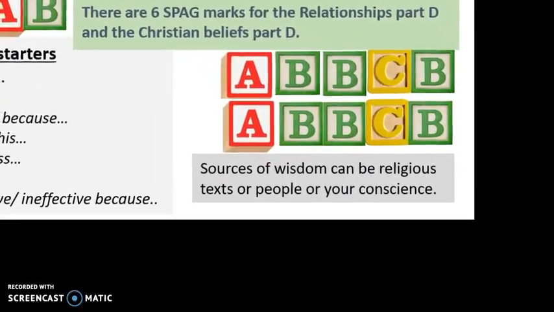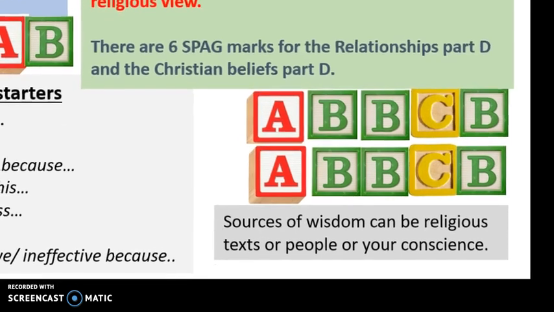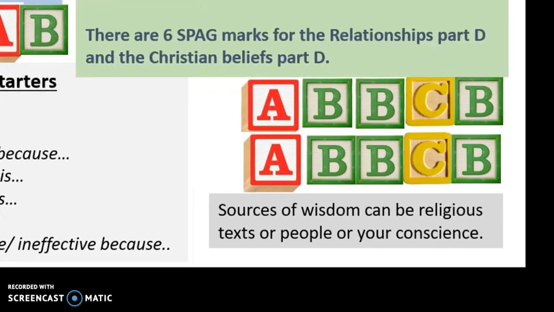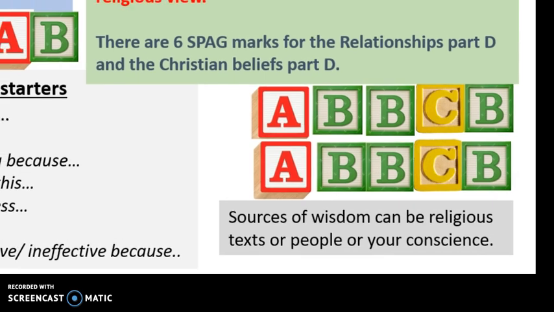So that is A, B, B, C, B. You might have a statement that says marriage should be for life. Your answer might be, most Christians believe marriage should be for life. Then you would back that up twice, but then you would challenge it and back up the challenge.